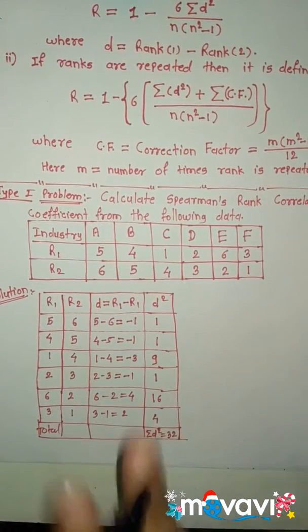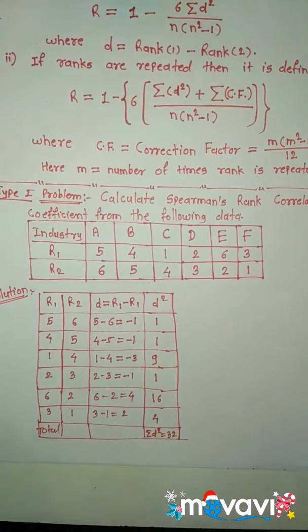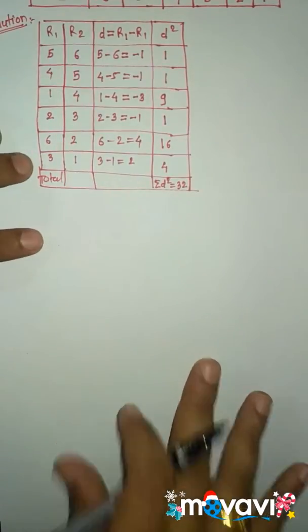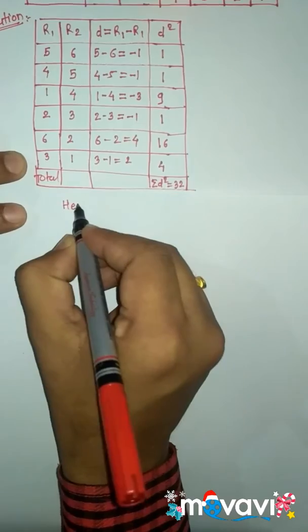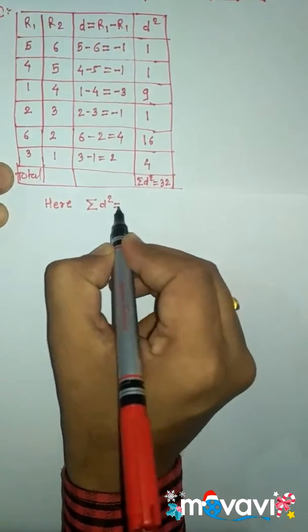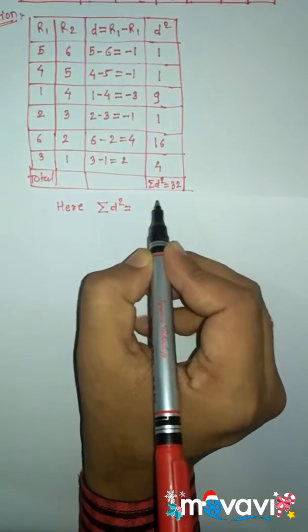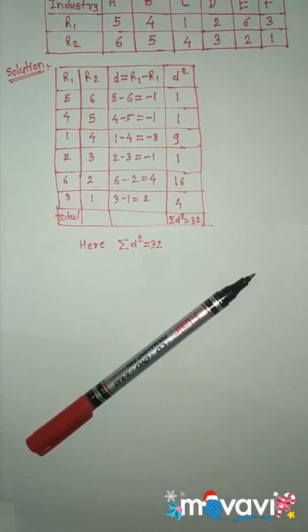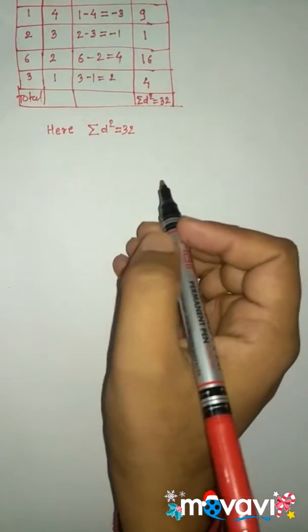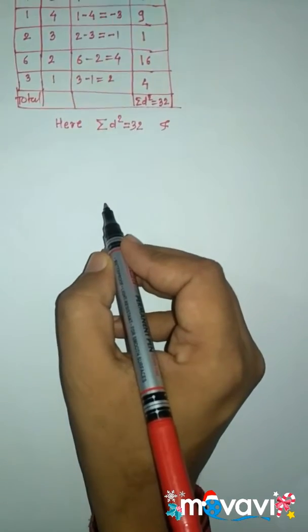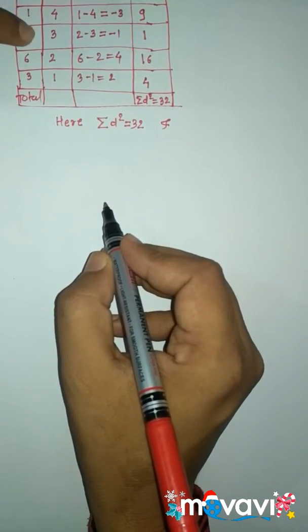Then we use the above formula and find the value of R. Here summation d square is 32, and how many pairs of observations are given? 1, 2, 3, 4, 5 and 6.